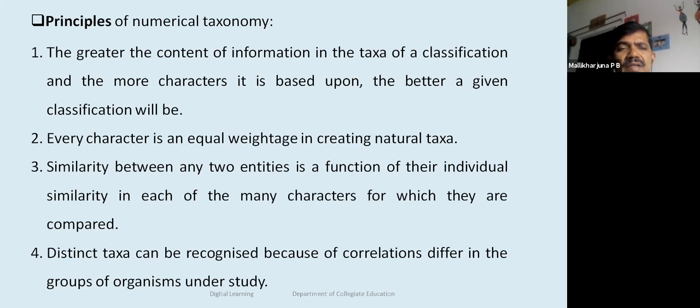Every character has an equal weightage in creating natural taxa. Similarity between any two entities is a function of their individual similarity in each of the many characters for which they are compared. Distinct taxa can be recognized because correlations of characters differ in the groups of organisms under study.